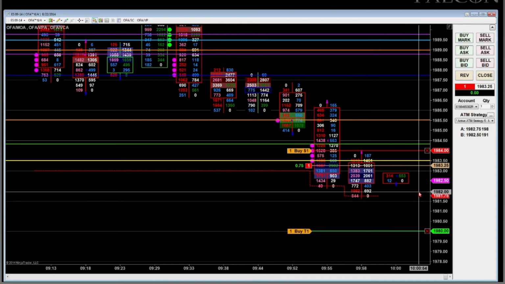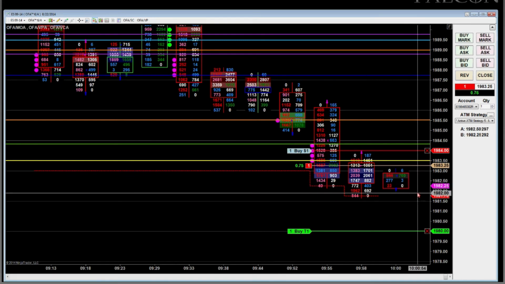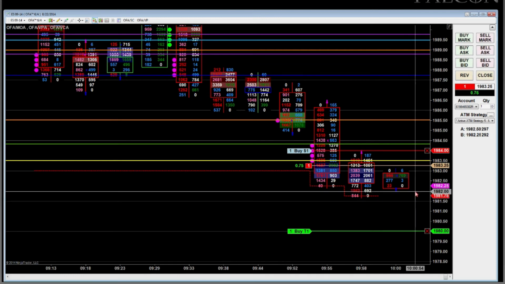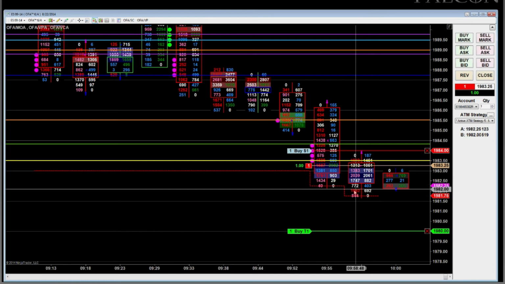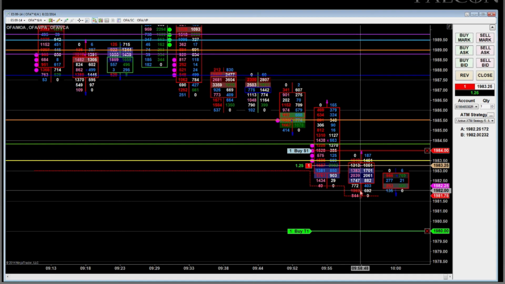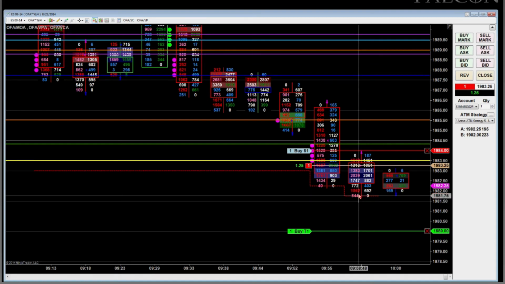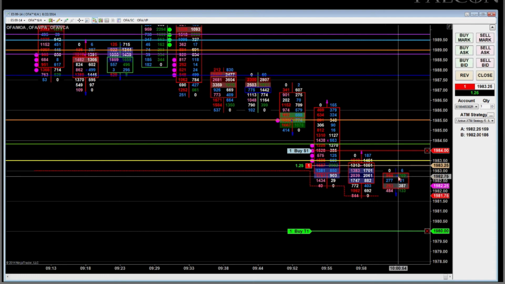So I'm expecting, I wanted to take that off at about a point here. I'm expecting rotation around 82. What I want to see is this activity, right? This activity right here is telling me that sellers believe this is a fair price, otherwise they wouldn't be engaging like they are. Fair price. I want to see rotation around 82.